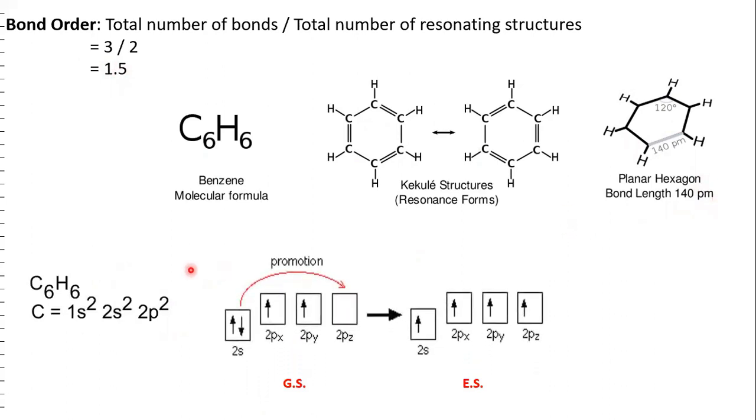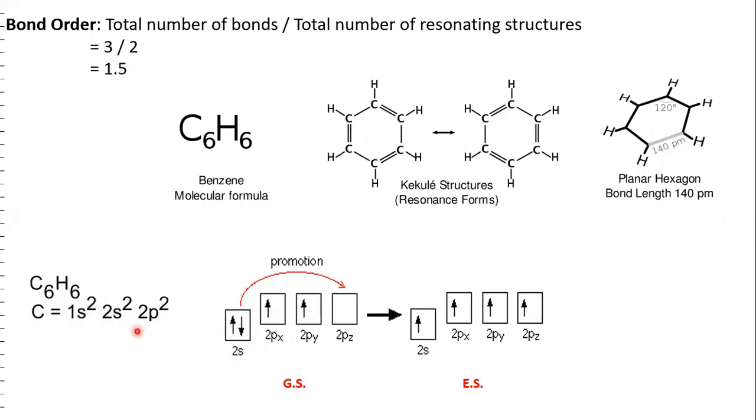Now next we will move on to C6H6. We know the carbon atom has the electronic configuration 1s2, 2s2, 2p2. Everyone knows the carbon atomic number is 6. So we represent this as 1s, 2s, 2p. 1s is fixed, showing two paired electrons in the 1s orbital.